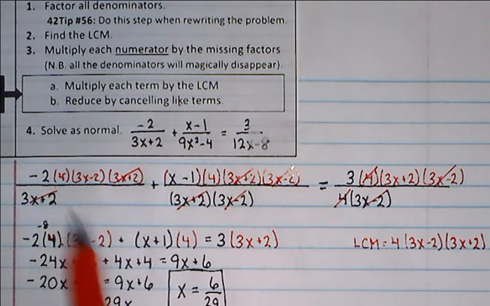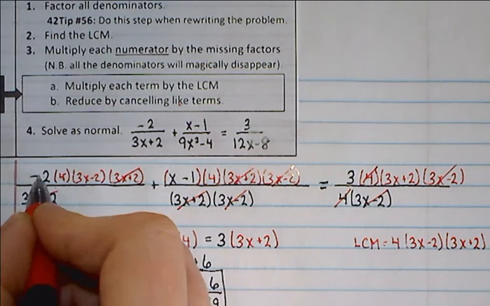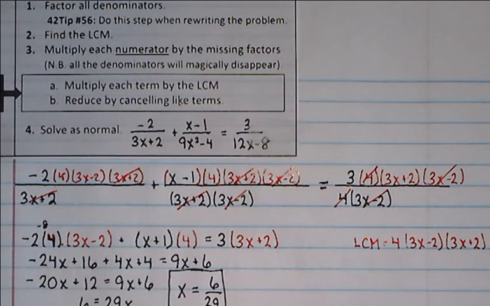So if you ignore all of the red, I can go from this step to this step by simply multiplying each term by the missing factors and knowing that the denominators magically disappear.